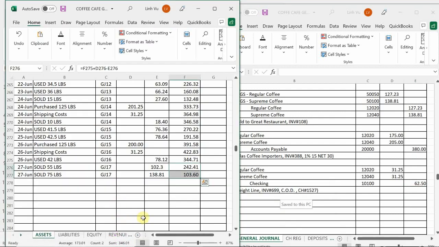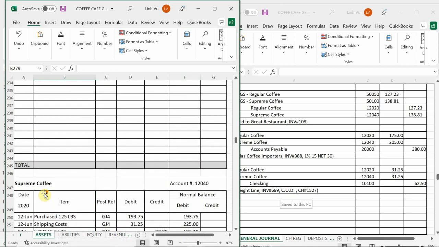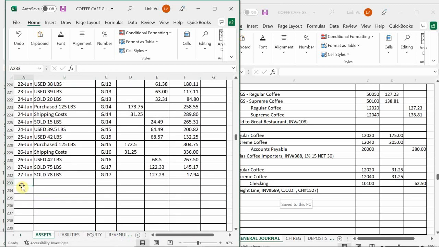Okay. Since the last thing that we left off was the inventory, let's start off with the regular coffee, right? We purchased 125 pounds and we also paid shipping costs. We're still on General Journal 17.